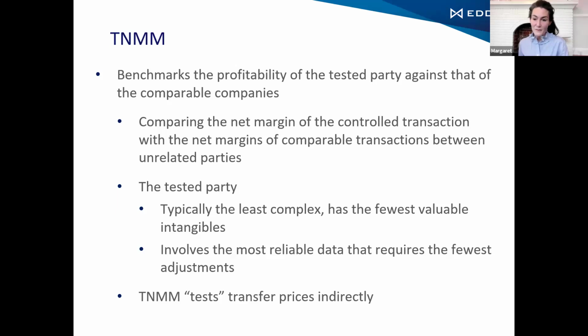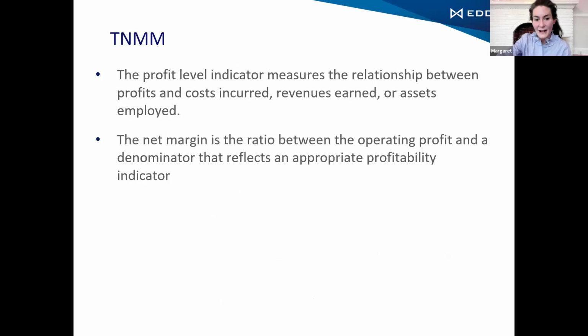It's easy if you've been engaged by the headquarter company of a group, you can get all the data for all the group members. But if you've been engaged by a subsidiary of the group, you might not be able to get the financial data from the entity on the other side of the transaction. So that's the other issue with this method.